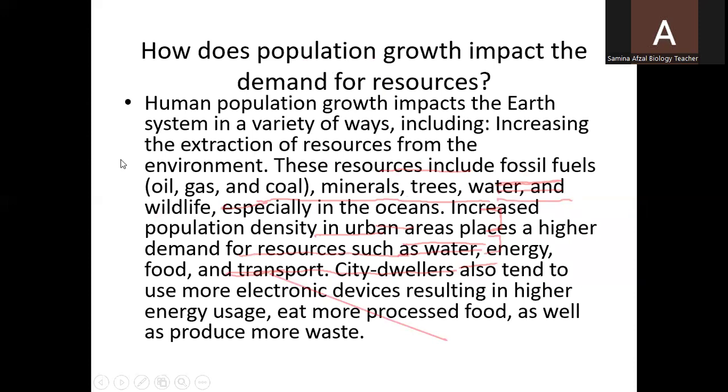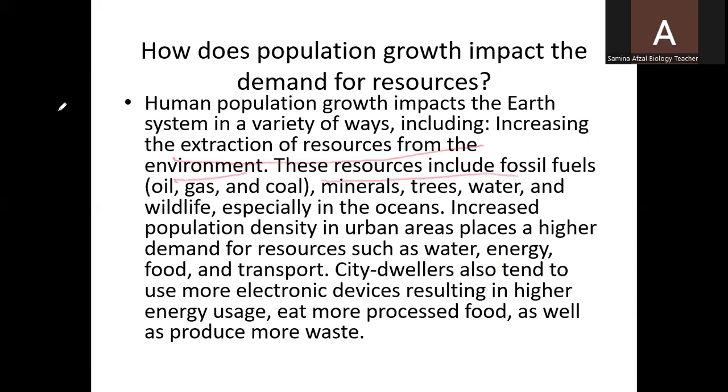Next, how does population growth impact the demand for resources? As you know, if the organisms are adapted according to the environmental changes, they will survive. So if human populations are growing, they are surviving, then it impacts the earth systems in a variety of ways, including increasing the extraction of resources from the environment.